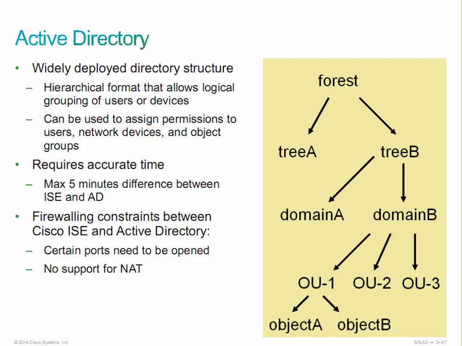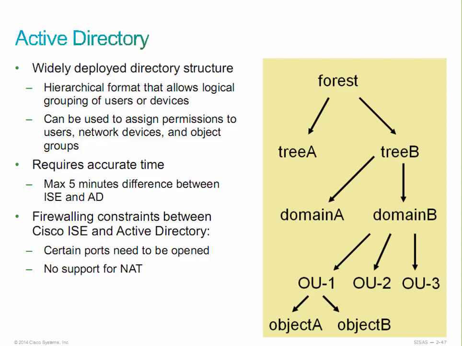Not cisco.com, but maybe cisco.local versus cisco.com. The SAM account name, the user object attribute, they have to be unique within the domain. And again, it's not really important to understand because we're hoping that the Active Directory piece is already established. Our only goal in the case of ISE is to be able to integrate to that Active Directory domain.